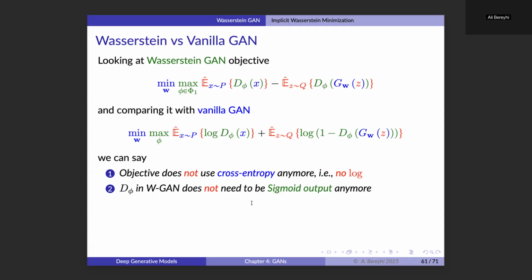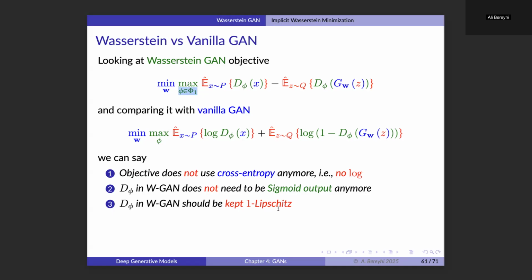Now, the final difference here is that in the vanilla GAN, we can maximize the inner loop over all possible choices of phi. So we're not restricted in the kind of neural network we have. But here we should make sure that after the update in every iteration, this neural network is still one Lipschitz, right?